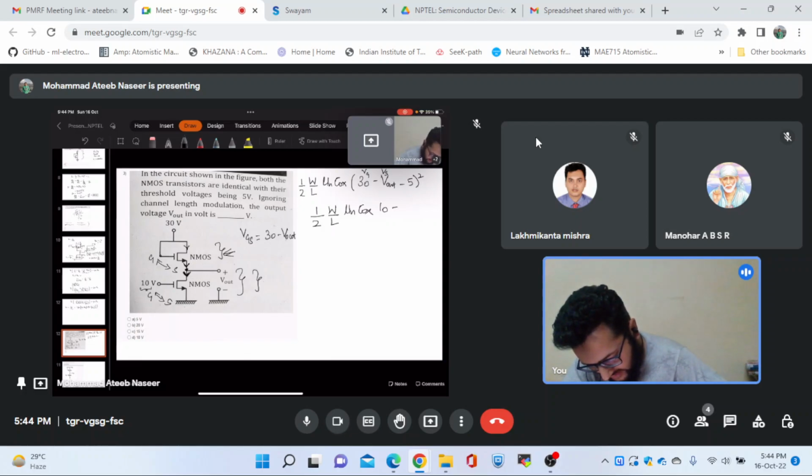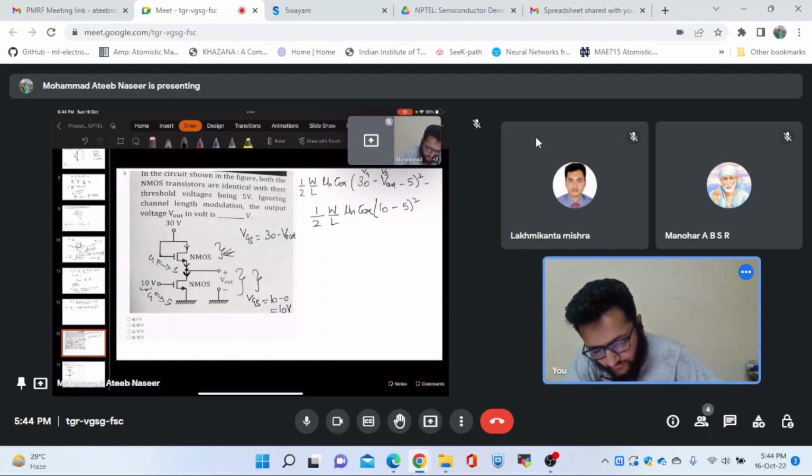And this is for this MOSFET. We will have VGS simply equal to 10 minus 0, as the source is grounded, so it will be 10 volts, and VDS will simply be equal to V naught. So VGS minus VTH is 10 minus 5.